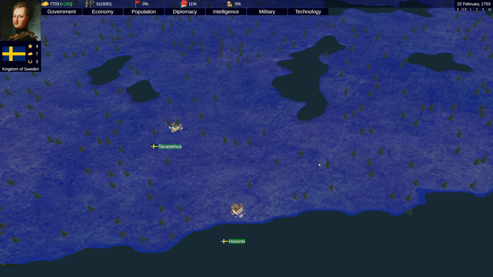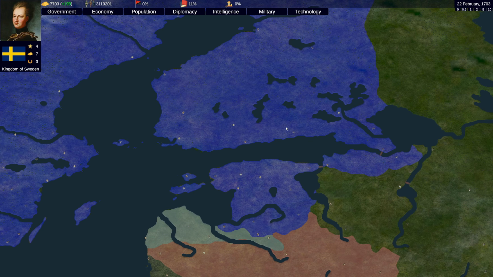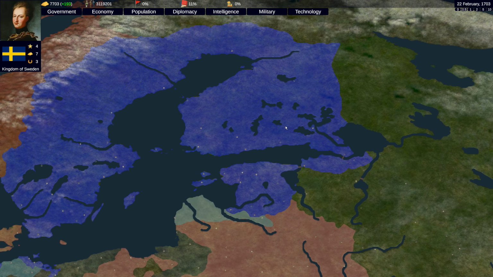And really to get a picture of how gameplay is going to look like, especially on the economic side of things and the internal state management level of affairs, just like the previous dev diary was focused a little bit on the military.